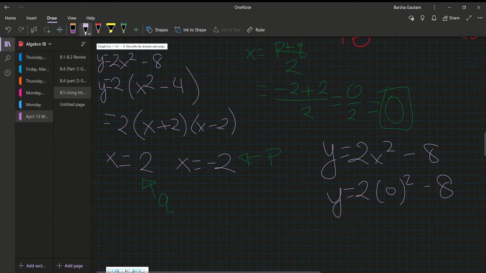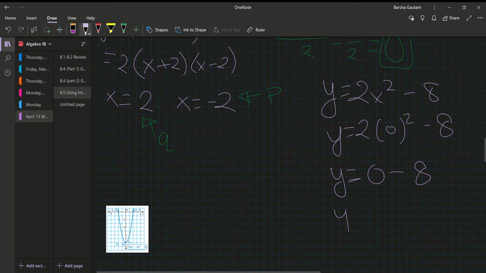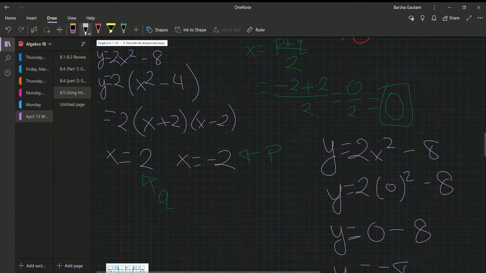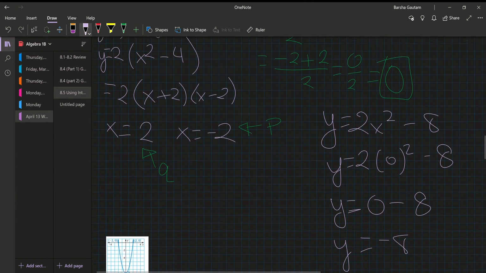And once we figure that out, we'll know what our vertex is. 0 to the power of 2 is 0, times 2 is 0. 0 minus 8 is negative 8. So now we know that our vertex is 0, negative 8.